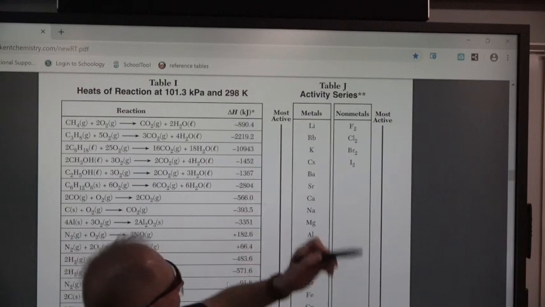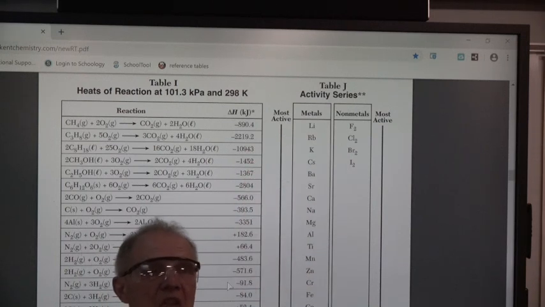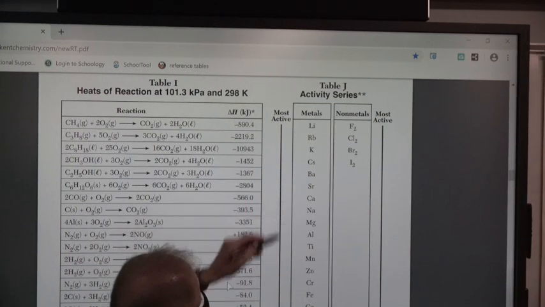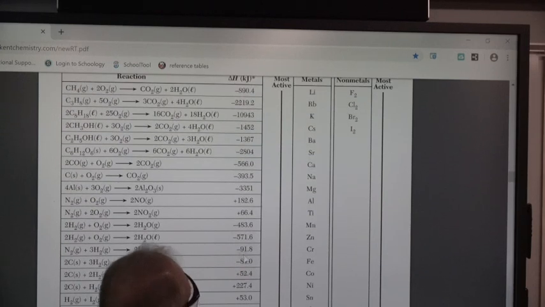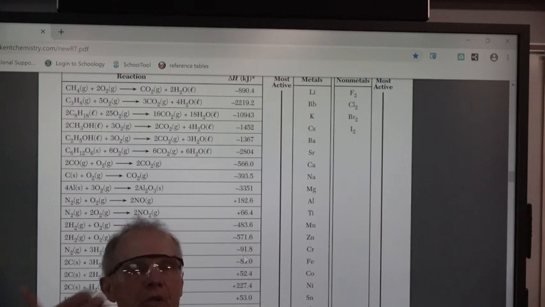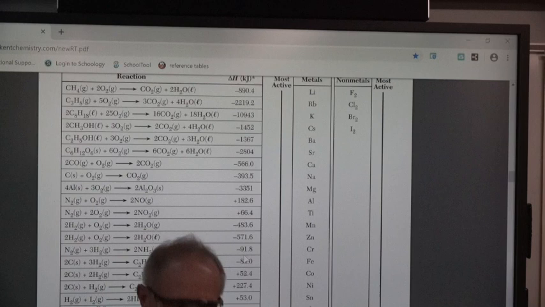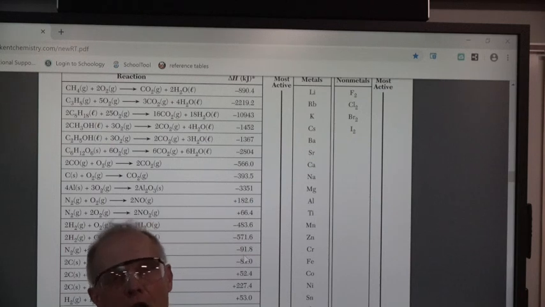So when I put acid on lithium, rubidium, potassium, cesium, barium, the top metals, they go crazy. So any metal above H2, when you put it in an acid, will always produce hydrogen gas. And one of the first guys to actually do this was one of my heroes, Jacques Charles. Do you remember Charles' law?